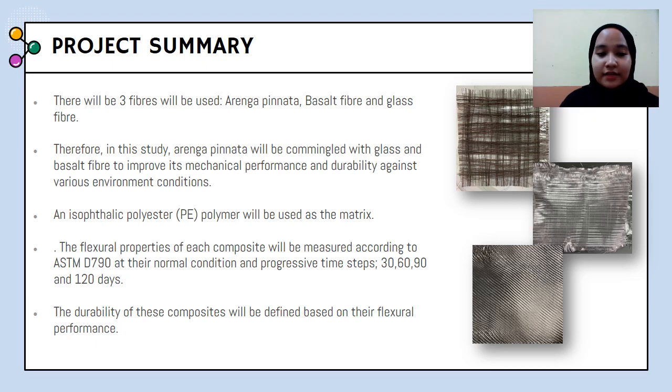Then, isopropylic polyester, which is PE, polymer will be used as the matrix. The flexural properties of each composite will be measured according to ASTM D790 at their normal condition and progressive time steps of 30, 60, 90 and 120 days. And the durability of these composites will be defined based on their flexural performance.